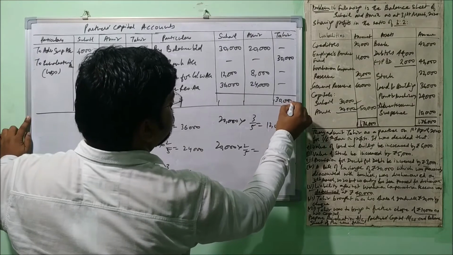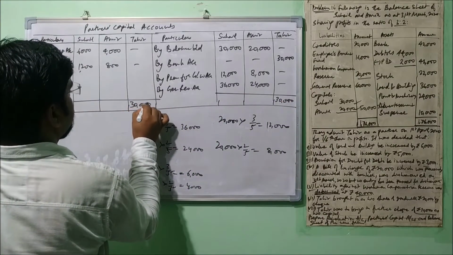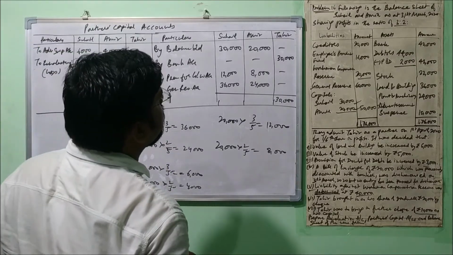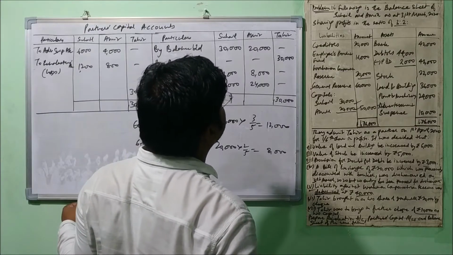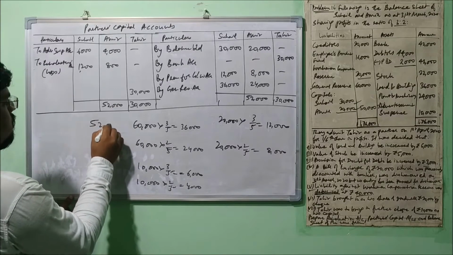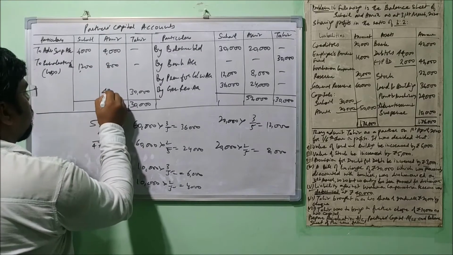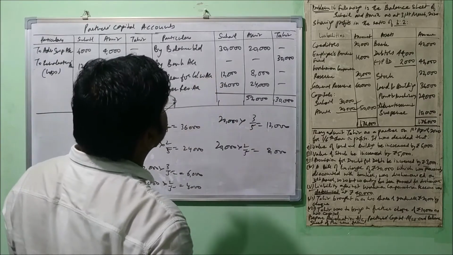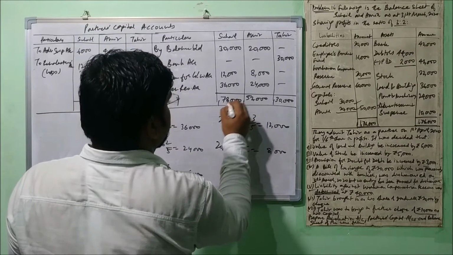This is 30,000 here and 30,000 here as well, because no other adjustment is given. Now, how much does it come out? 44, 52, 52,000. Now out of this 52,000, we need to deduct that 4,800. It comes out 47,200. Now let's have the total here. 66, 68, 78. 78,000.